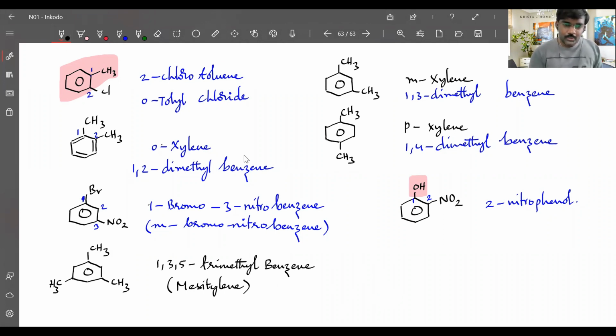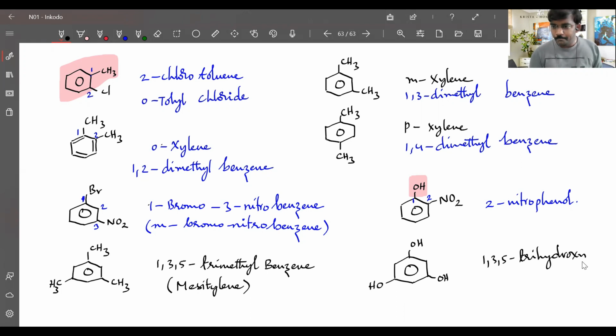Similarly, in the same compound, now we'll replace the methyl groups with OH groups on carbons 1, 3, 5. So here OH, here OH, and here one more OH. For this particular compound, you can write the IUPAC name as 1,3,5-trihydroxybenzene.